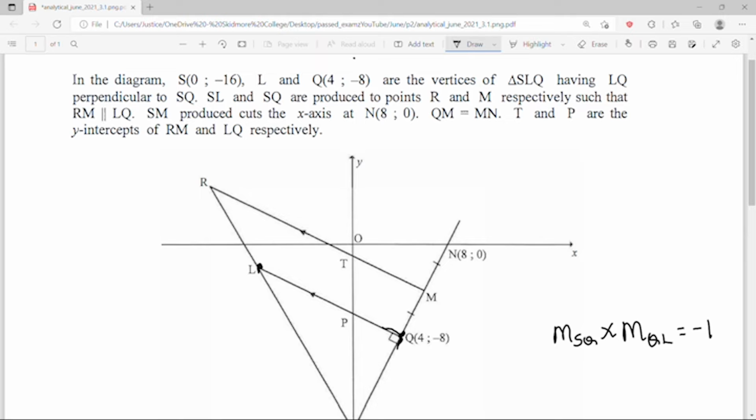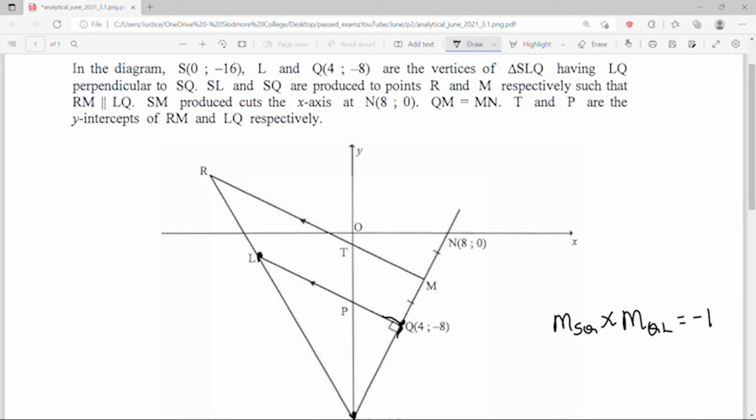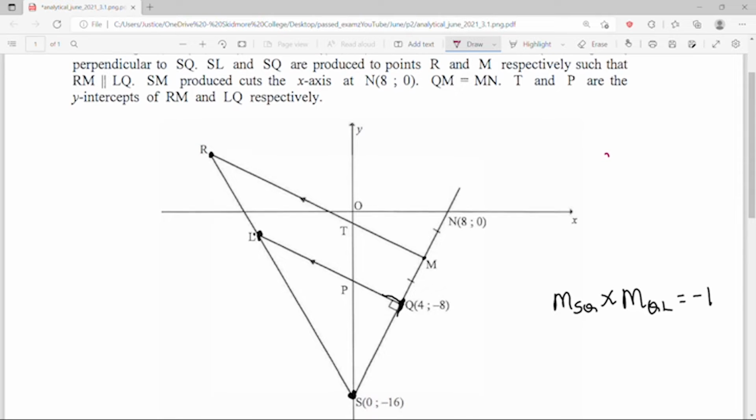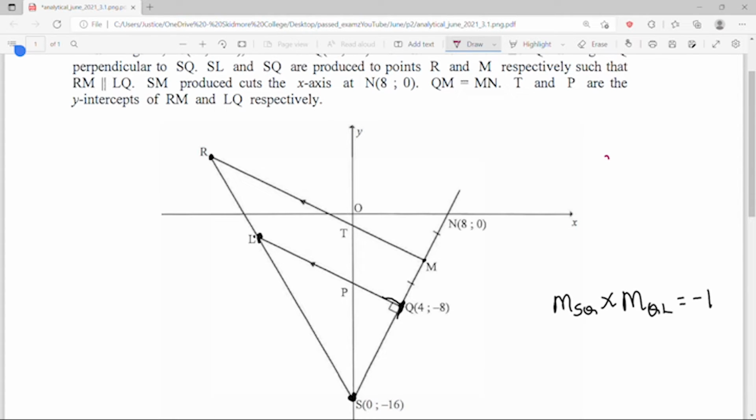SL and QS are produced to points R and M respectively, such that RM and LQ are parallel. RM is right here, this line, and then LQ is this line, right? Same thing, you have to remember that parallel lines have what?